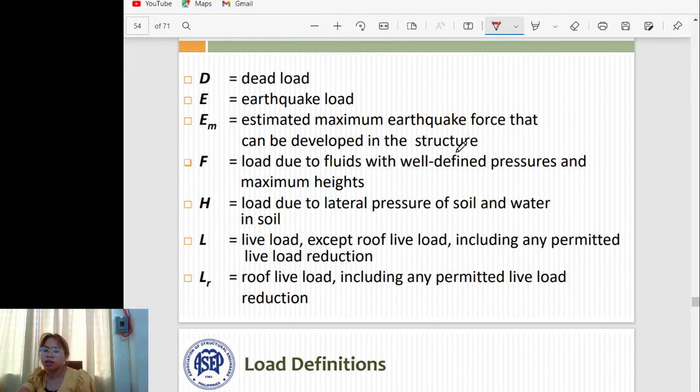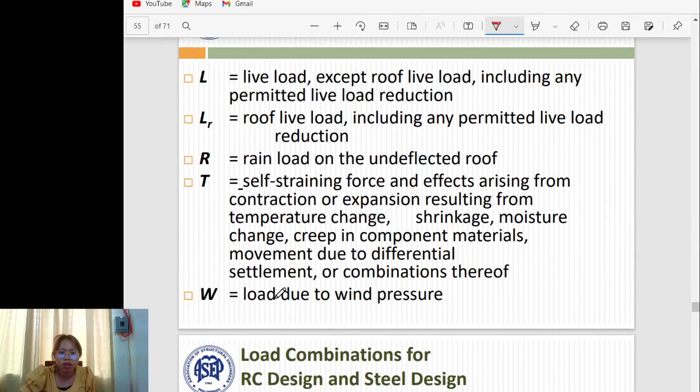force that can be developed in the structure; F is the load due to fluids with well-defined pressures and maximum heights; H is the load due to lateral pressure of soil and water in soil; L is the live load except roof live load, including any permitted live load reduction; and L sub R is the roof live load, including any permitted live load reduction.